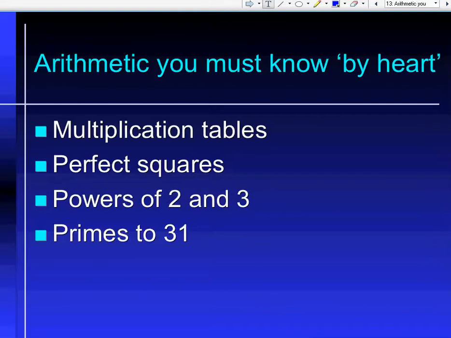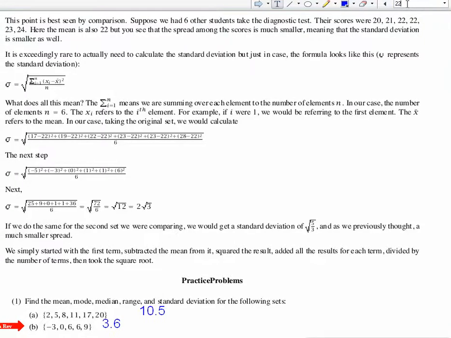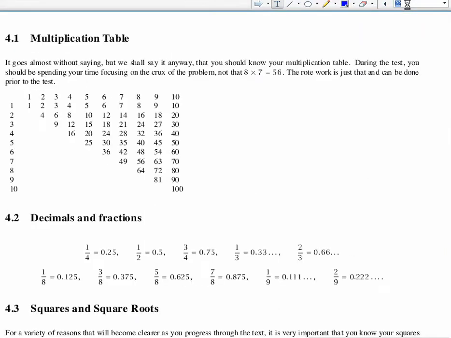So before we move on to critical reasoning, which is what we're covering for the rest of today, I will just draw your attention to some further issues, some of which I've already alluded to, in terms of what you need to know by heart in order to succeed on the test. Firstly, the multiplication table. It says here that you should memorize your 1 to 10 multiplication table.